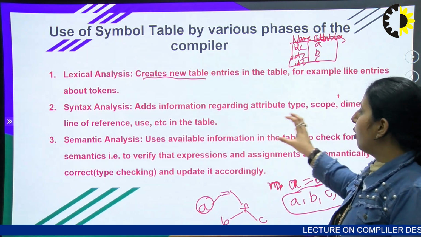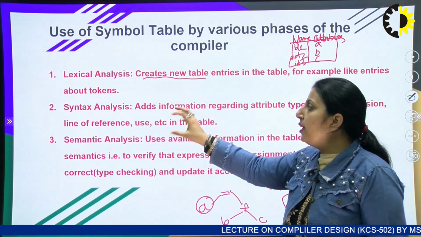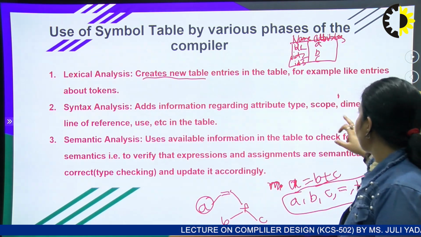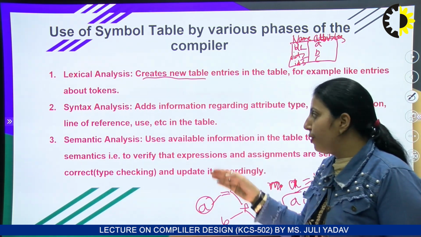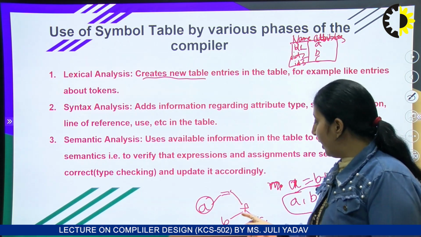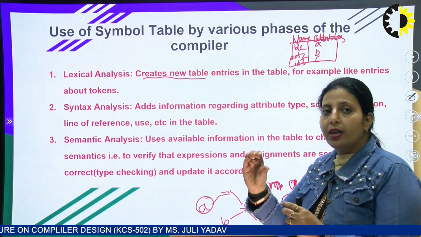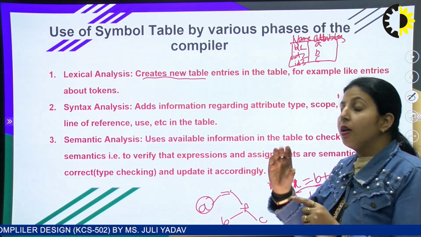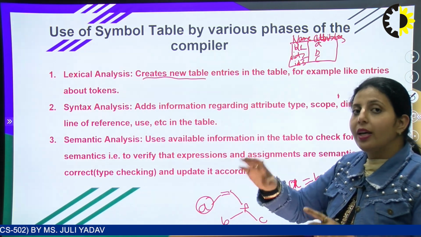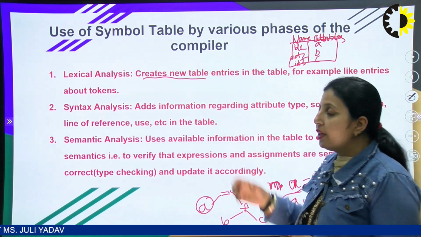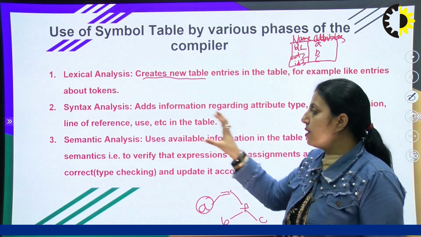If it has been declared in the global area or the local area, then how it can be used in the global or any other local area. All this information has to be added by the syntax analysis phase.